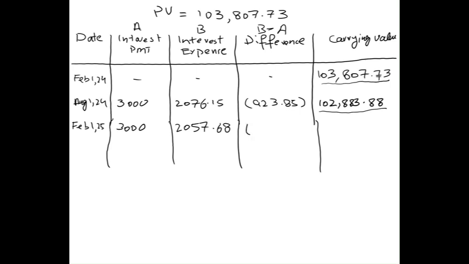Again, B minus A will be negative 942.32. Again, this number will get added to this number now, and this will become 101,941.56.